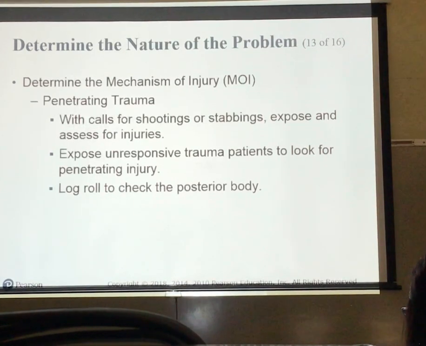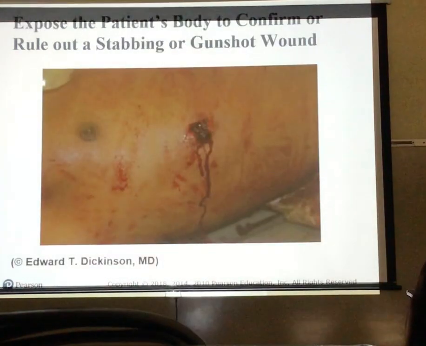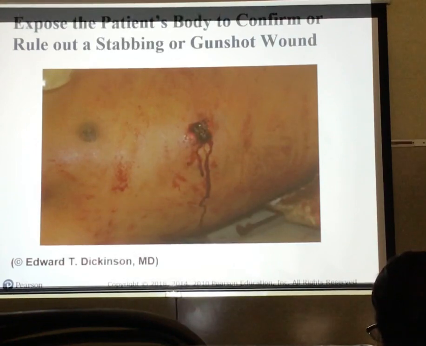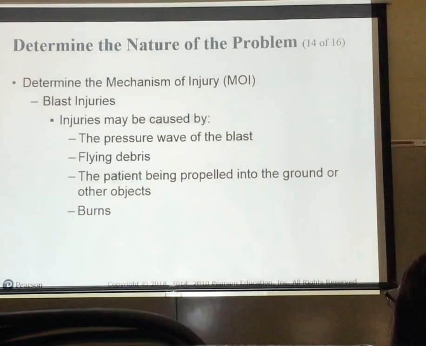Heavy coats, dark clothing, poor lighting, dark environments, or dark hair hide blood very well. Whenever you receive reports of a shooting or stabbing at the scene of a call, it's necessary to expose and assess the patient's body to confirm or rule out whether what you were told is valid or not.